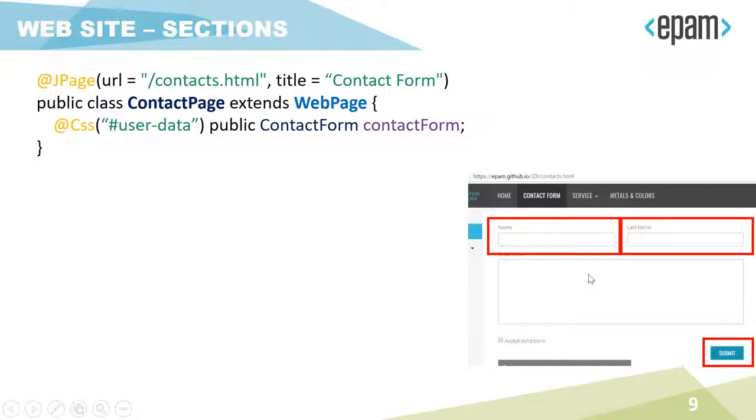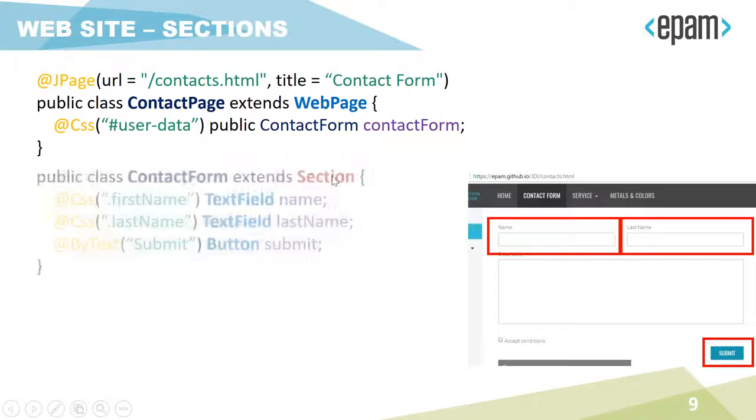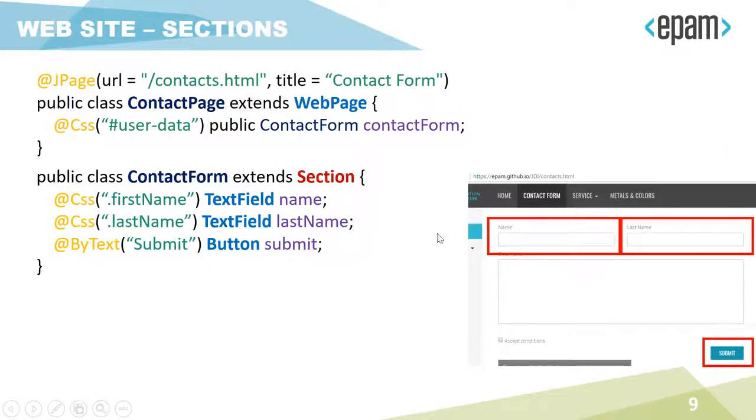For example, we have two different contact forms on the page, or for example, some navigation elements on different pages. We can have a section for this form and put all data in this section, and on the page we just have the contact form section.